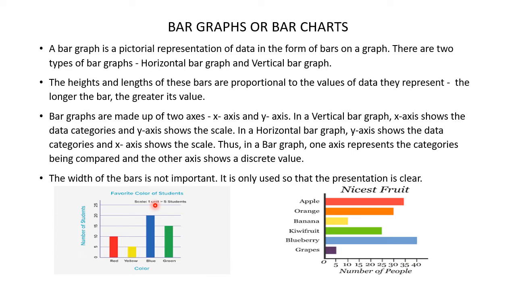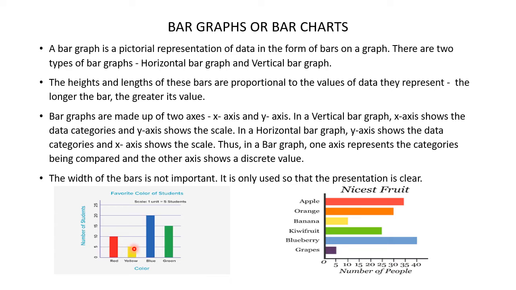So we know it's given that 1 unit is 5 students. So 10 units will be 50 students. So 50 students like red color. Similarly, yellow color corresponds with 5 units. We know that 1 unit is 5 students. So 5 units is 25 students.